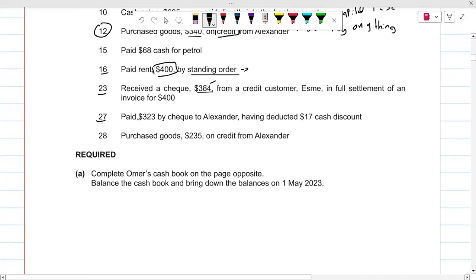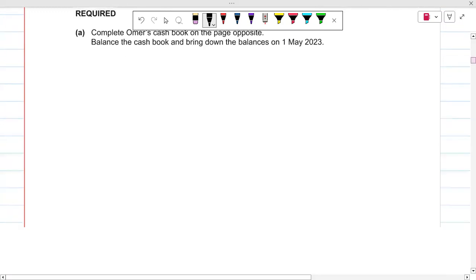On 27 April, paid 323 by check to Alexander, having deducted $17 cash discount. So we will record this as basically a cash discount received. So we will credit the $17. Why? Because discount received is basically our income and the nature of income is credit. So whenever income is increasing, we will credit the amount.